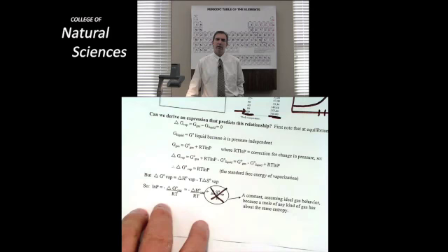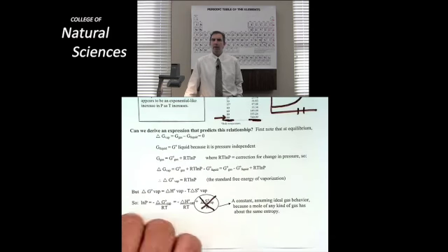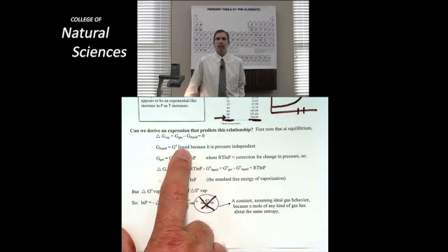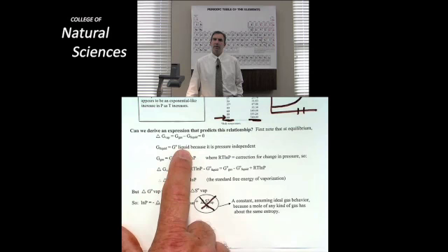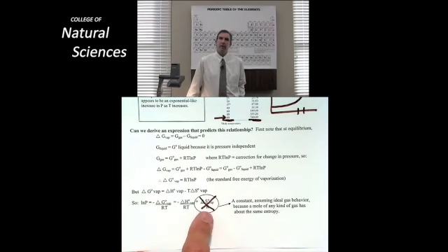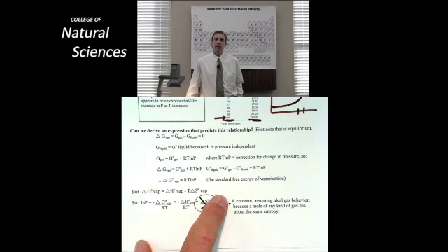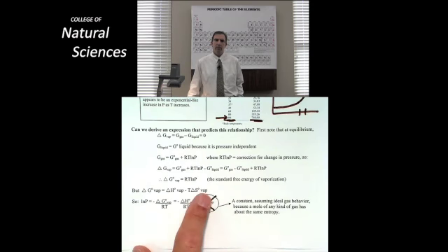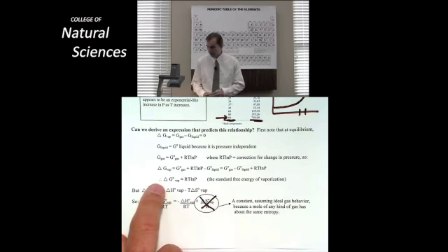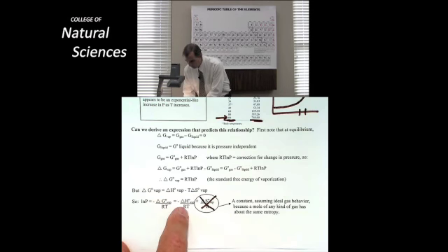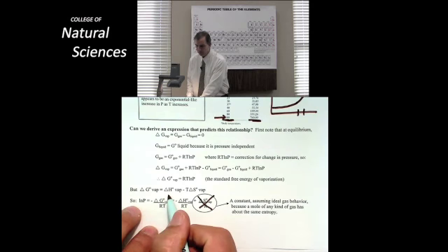One of the assumptions is that the liquid free energy is going to be pressure independent, and the other is that the change in entropy in ideal gases is going to be a constant. So as a result, I can ignore this, and when I do so, I end up having my delta G term be converted into a delta H term.